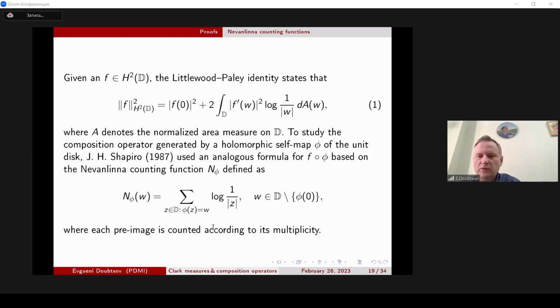We assume that omega is in the disk minus phi of 0, and we have a sum counted with multiplicities. So everything is defined once we have excluded it, and we consider omega such that omega is not equal to phi of 0.